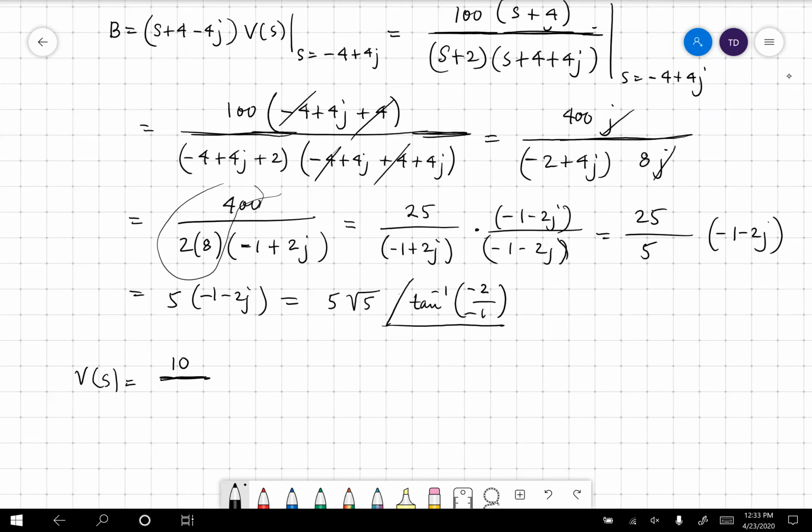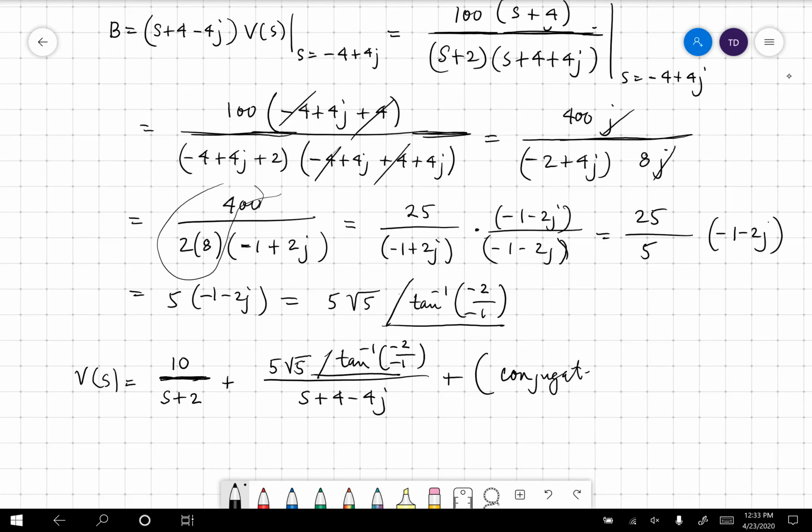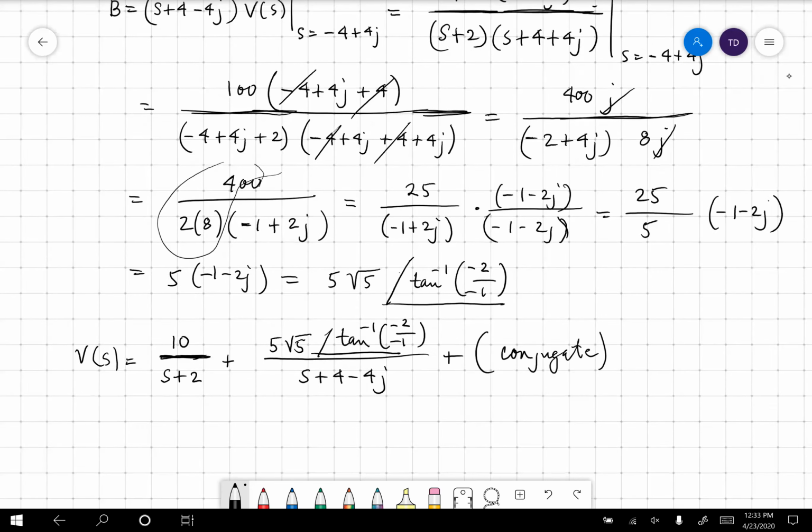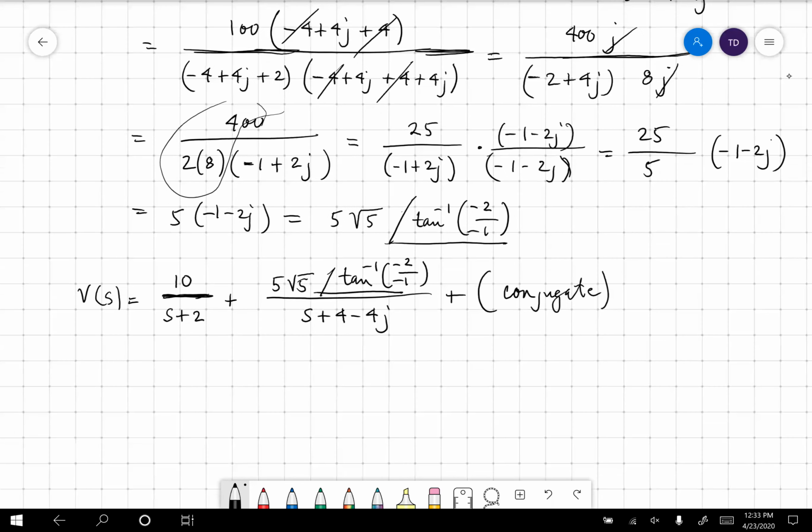So it's 10 over S plus 2, plus 5 root 5 at an angle tan inverse of minus 2 over minus 1, divided by S plus 4 minus 4j, plus the conjugate. So ready to do that inverse? That's easy. Here we go.